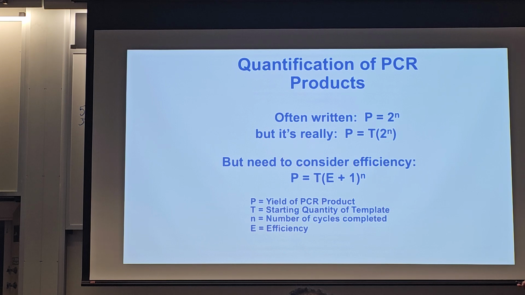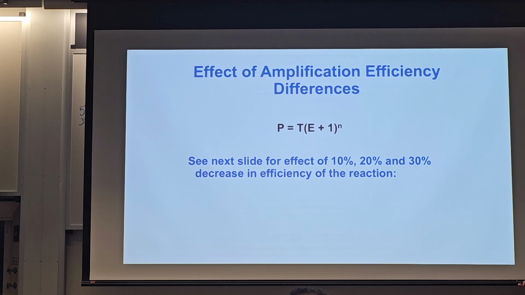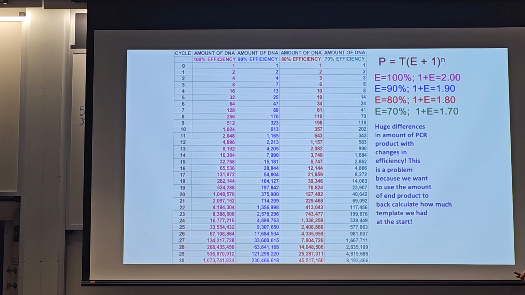Now, the efficiency makes a huge difference. In the next slide, I'm going to show you the effect of a 10, 20, and 30% decrease in efficiency for the PCR. If you have 100% efficiency and you start with one copy, by the time you get to cycle 30, you've got 1 billion molecules. If you have 90% efficiency, by cycle 30 you've only got 230 million.